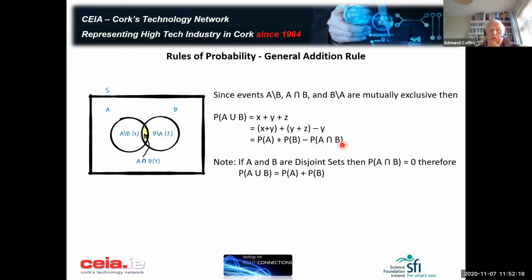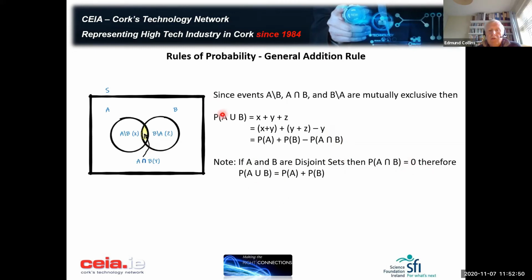However, if A and B are mutually exclusive, so if we move them apart and there's no intersection and they're disjoint sets, then we know that the probability of A and B is 0 because there's no intersection.